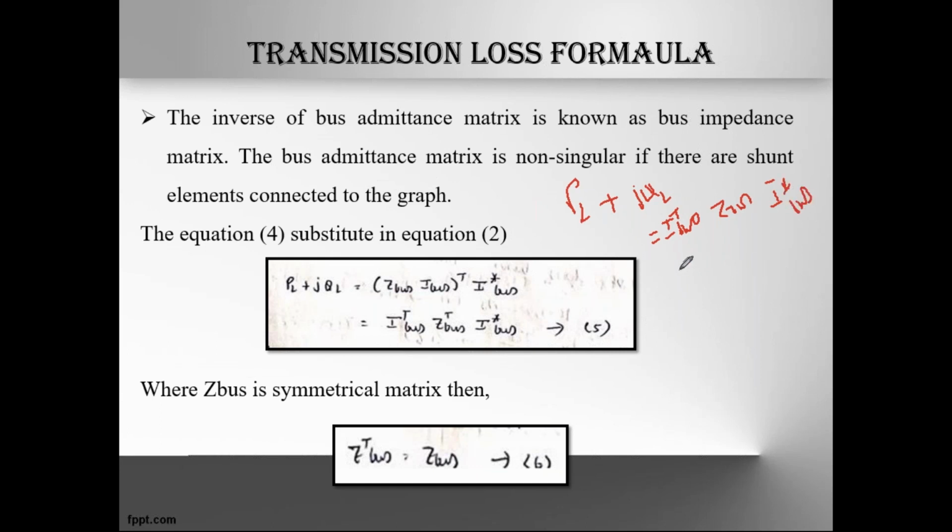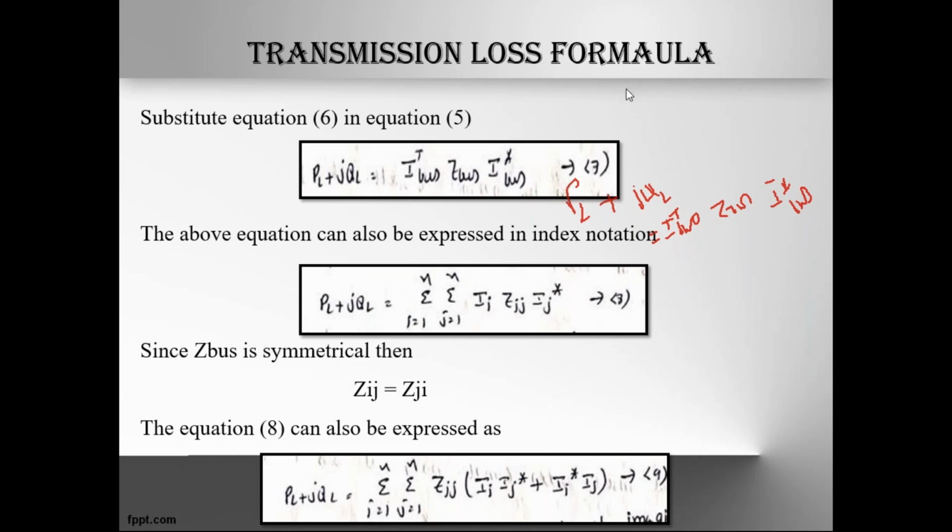This is the equation for the complex power injected into the transmission line. From this equation, let me see how we can expand it after substitution of 6 in 5. After that, instead of Z bus transpose, it becomes Z bus.